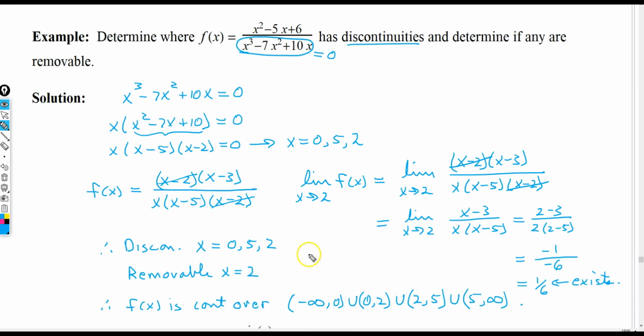Notice we basically took the real numbers and we took away 0, 2, and 5 from it. So it's basically the real numbers minus the set of numbers 0, 2, and 5. So this is your interval of continuity for this particular function, with 2 actually being a removable discontinuity, as we indicated over here. Alright, let's take a look at another example.